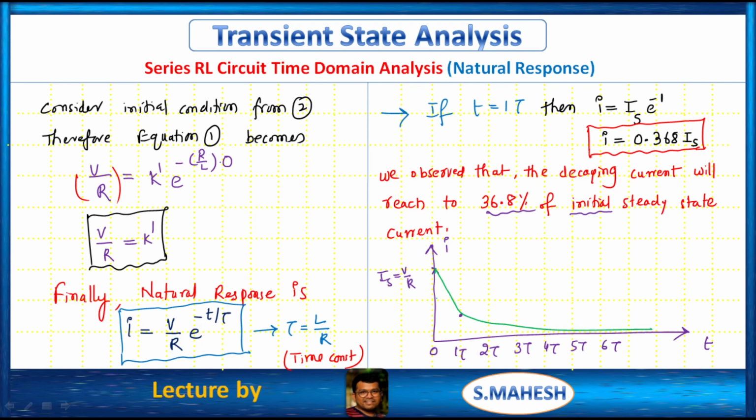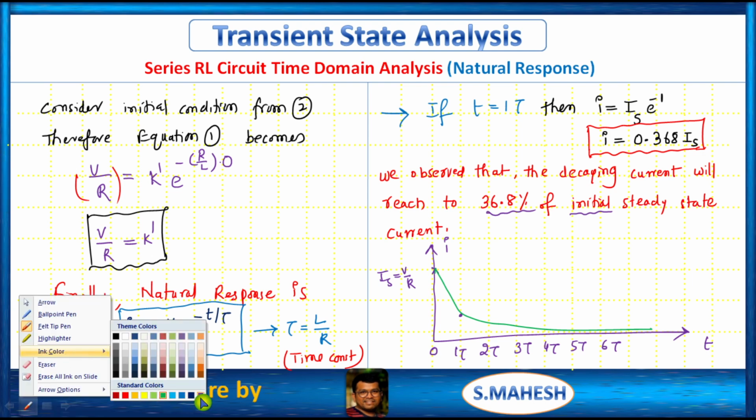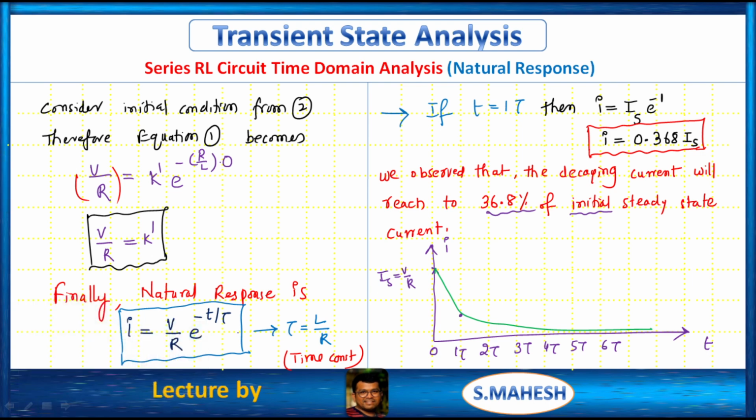So like this we have to get. This is an exponentially decaying function. We all know that if it is 1 minus e power minus t by tau, that is exponentially rising. If it is e power minus t by tau, that is a decaying function. Exponentially decaying. When it comes to forced response, that is an exponentially rising function. When it comes to natural response, it is an exponentially decaying function.